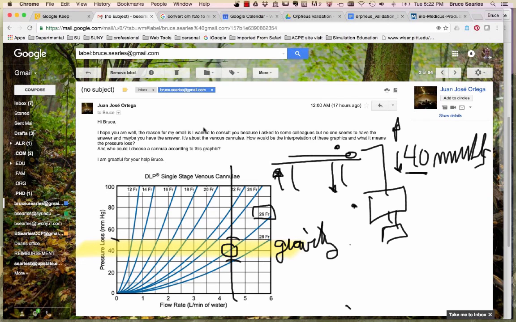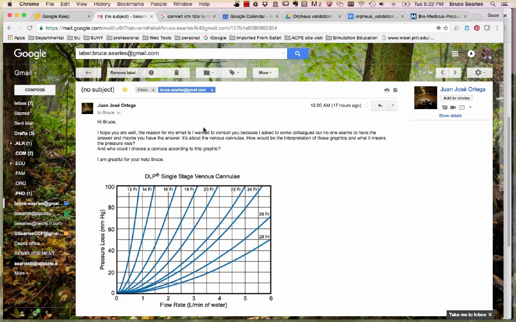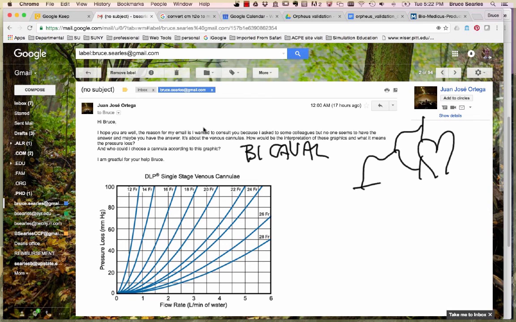Now the next question you might have is, what about with bicaval cannulas? If we're going to drain the heart from the SVC and the IVC down into our reservoir, we're going to have the same delta P, so we're going to take the cardiac index and divide by 2, because half the drainage can come from here and half the drainage can come from there.